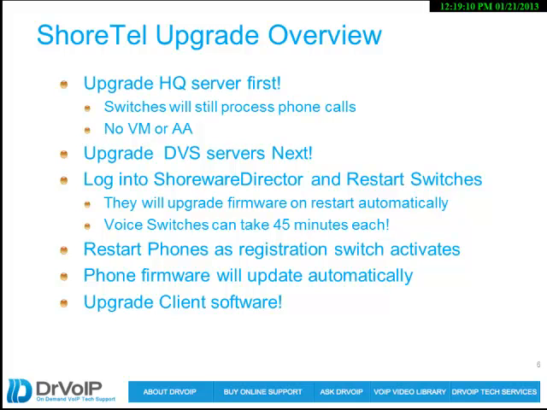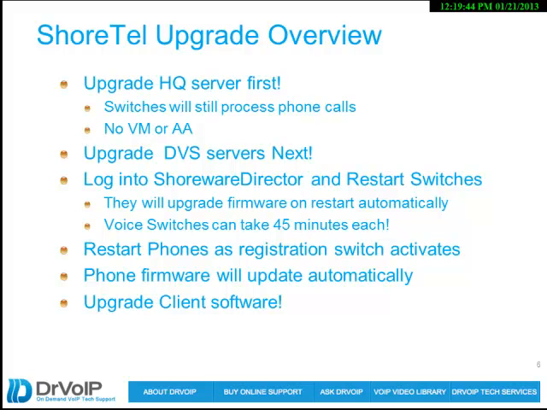The next thing you'll want to do, now we can debate about this. Some people think that the next step should be to upgrade the switches at the headquarters site. And I think at this point we're going to leave that up for discussion. The thinking is that let me get my headquarters switches upgraded, and then I will have an operating headquarters site with auto attendant and voicemail. The other side of that coin is, no, let's upgrade our servers first.